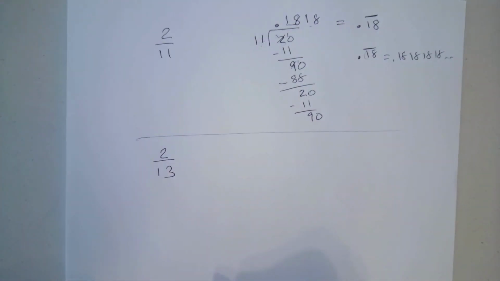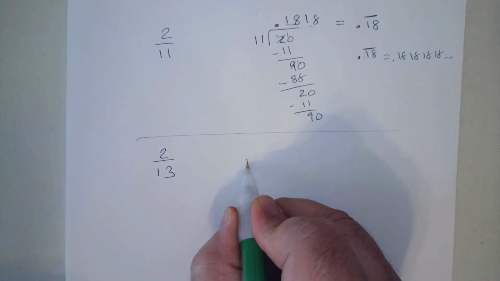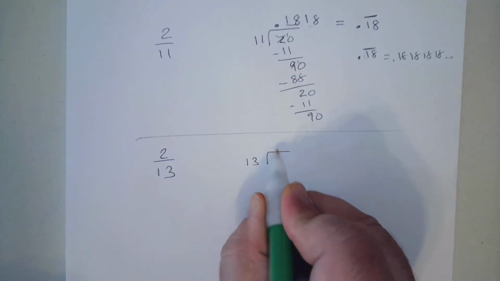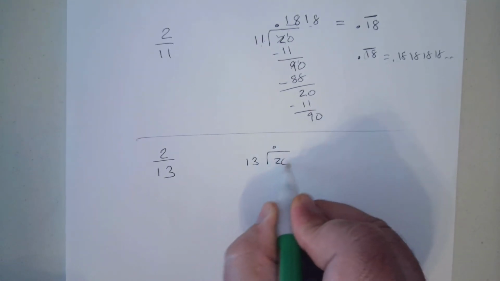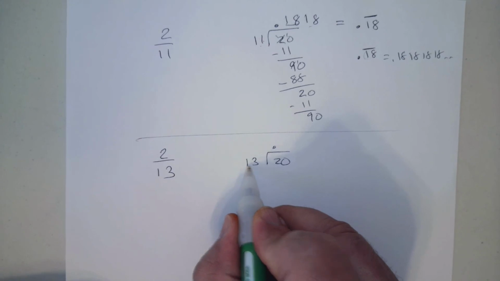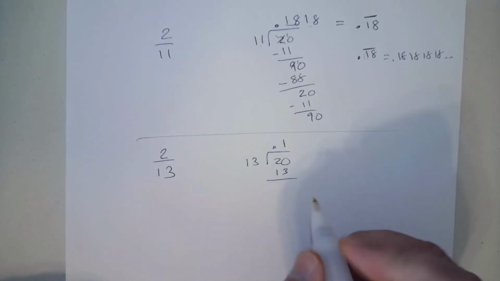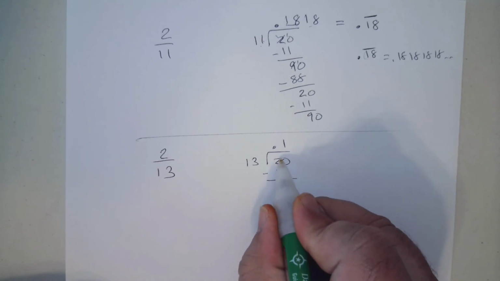2 over 13. So does 13 go into 2? No. So we put the decimal point there, which makes it 20. Let's work this one out. So 13 goes into 20 once. 1 times 13 is 13. Subtract them.